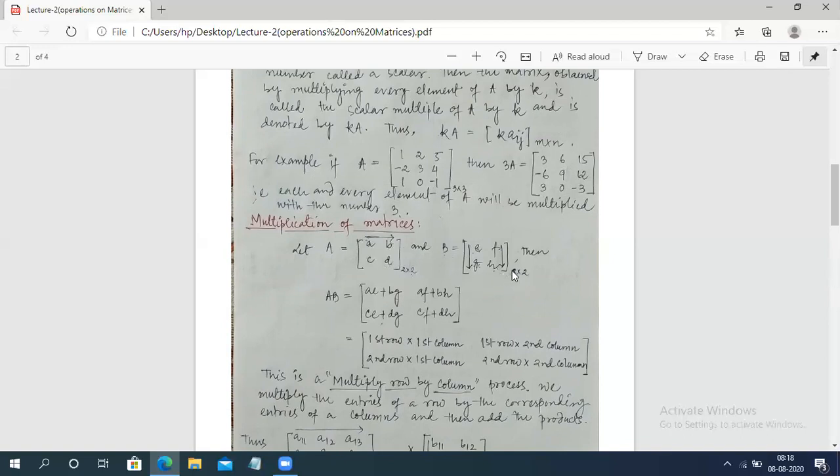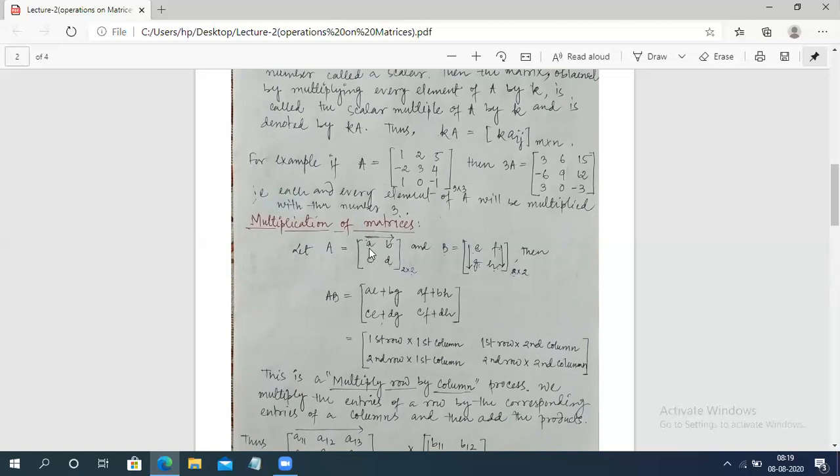So we can multiply these two matrices because the rule of product is satisfied here, because the number of columns of matrix A, that is 2, is equal to the number of rows of matrix B, which is again 2. So what will be the product AB? Now see what is happening.